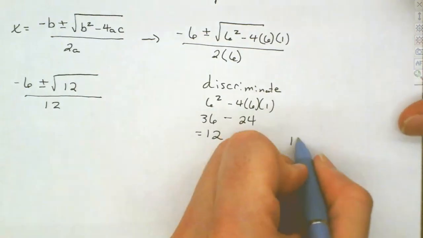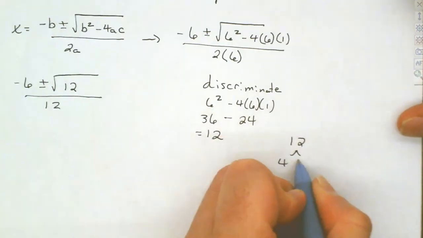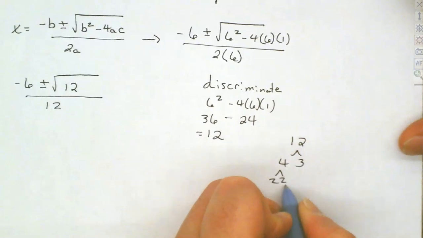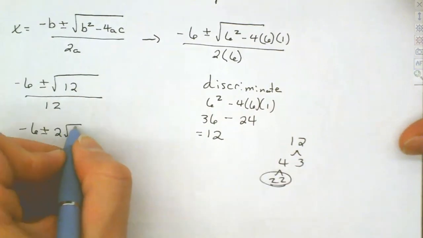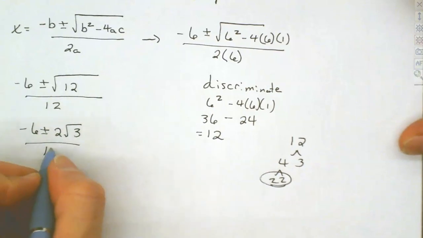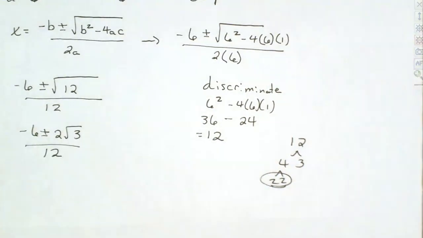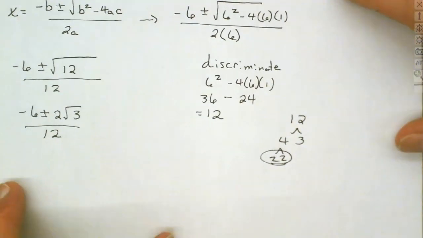So the 12. How does the 12 split up? 4 and 3, 2 and 2. So the 2's will come out. Now we want to break this up and we want to reduce it so we can get one of these answer choices. So let's see what we can do.